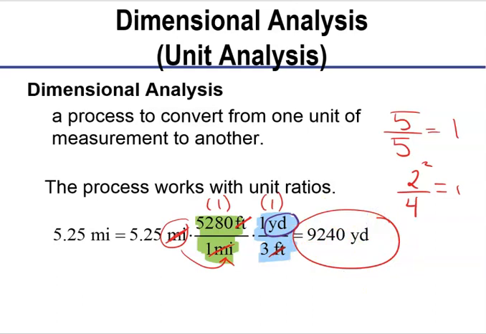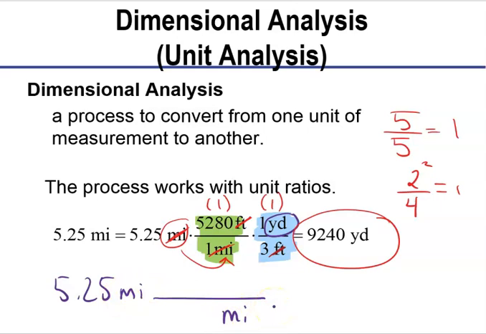Now, what if we did this like the first way I solved it, but using dimensional analysis? We know we have 5.25 miles. Okay, start with what you know. Make yourself a fraction. Miles needs to go on the bottom, for sure, because I need the miles to cancel. Then I look up a conversion.